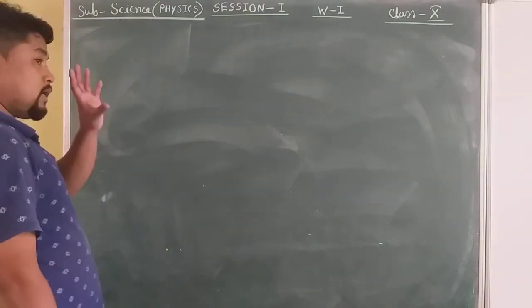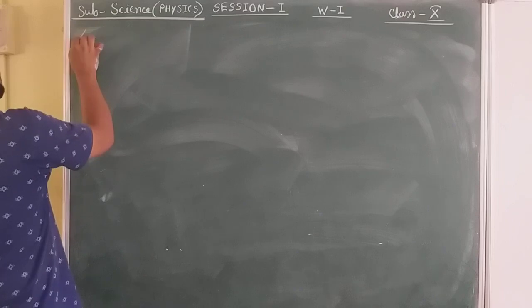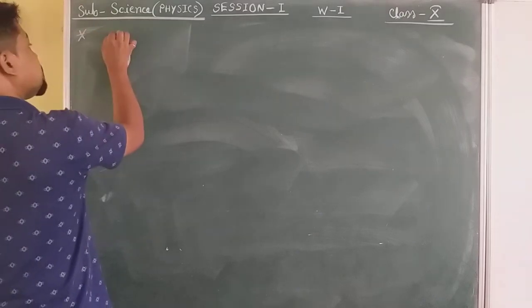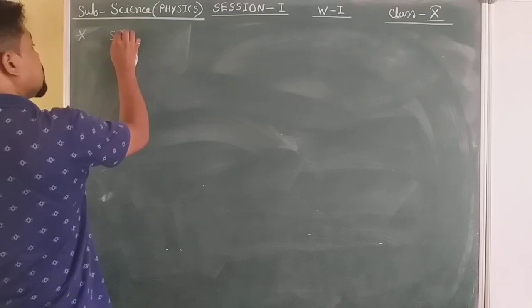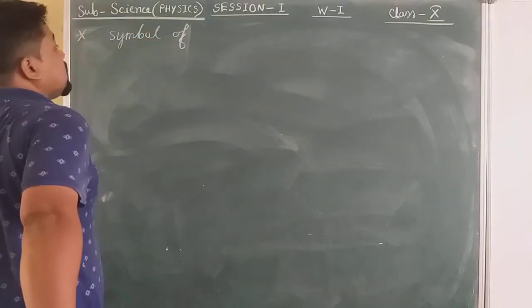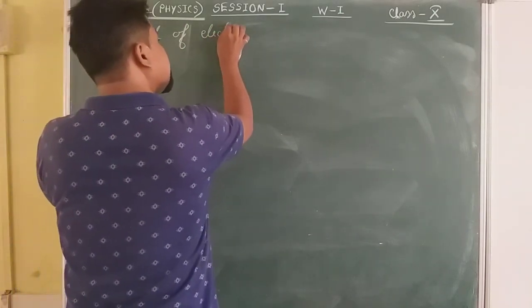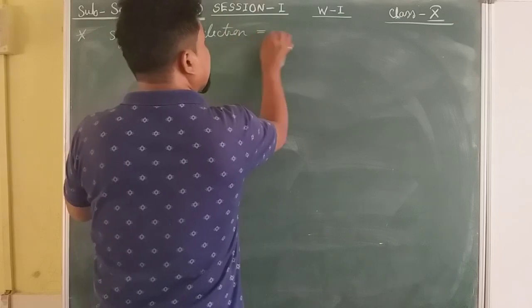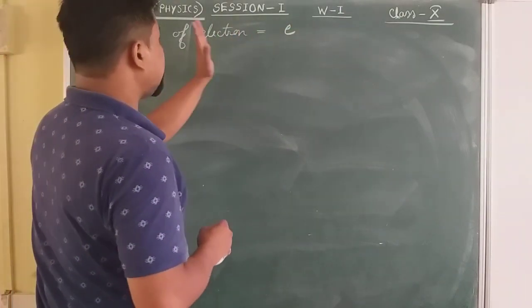Some important notes. Symbol or notation of electron, e. Okay, e stands for electron.